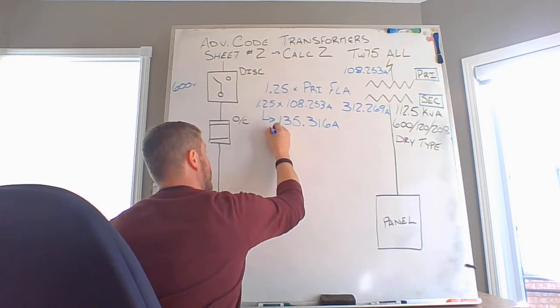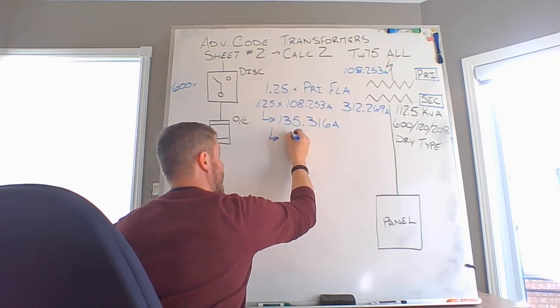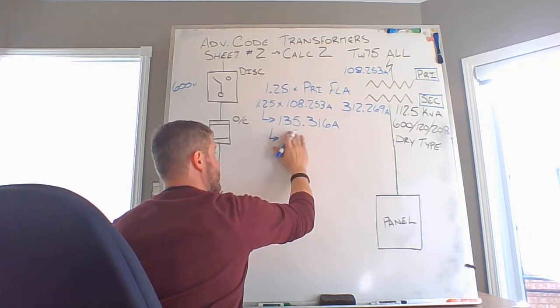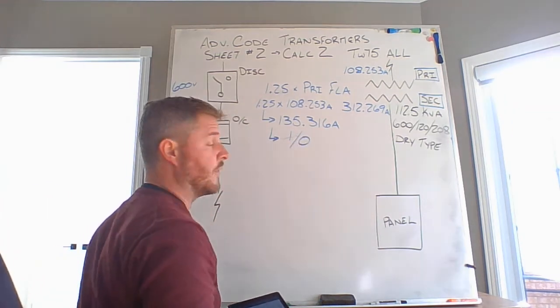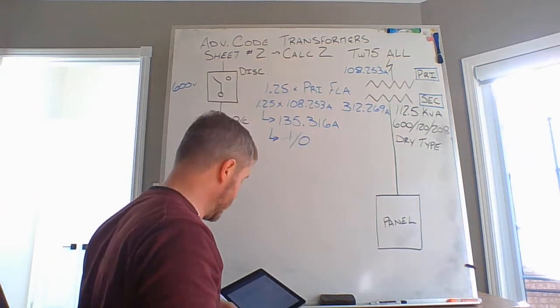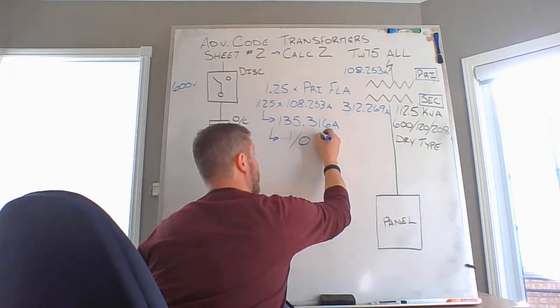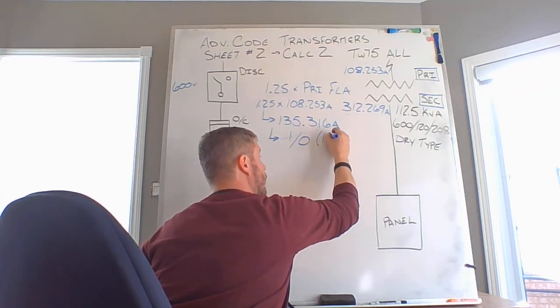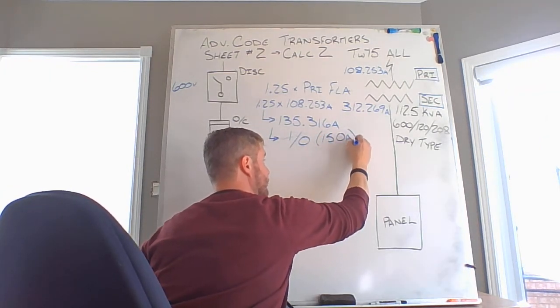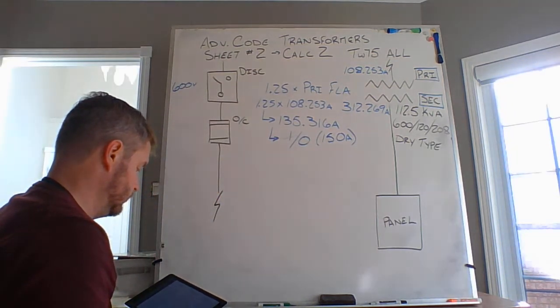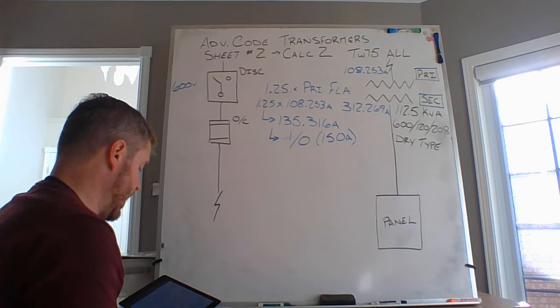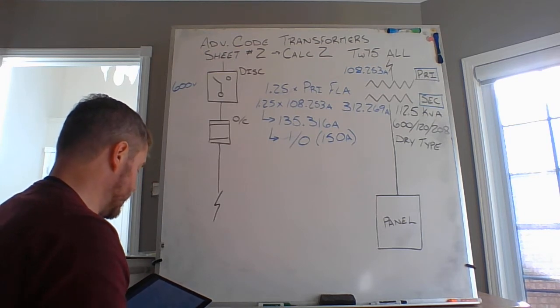And at that point in time, I take that value to table 2 and I see that my 1-aughts are going to suffice for that installation. 1-aught conductors are going to be good for that. 1-aught conductors are capable of handling 150 amps. TW75. Everything 75 degrees Celsius rated.